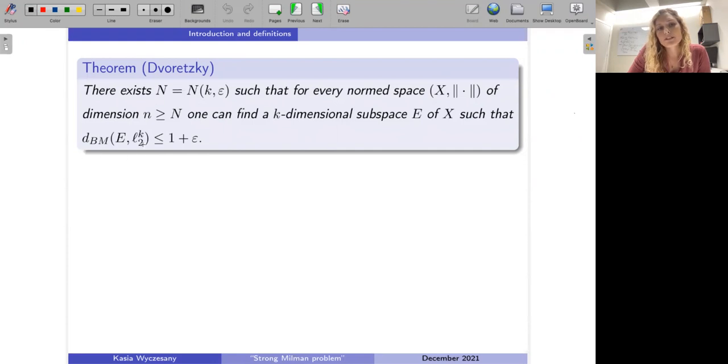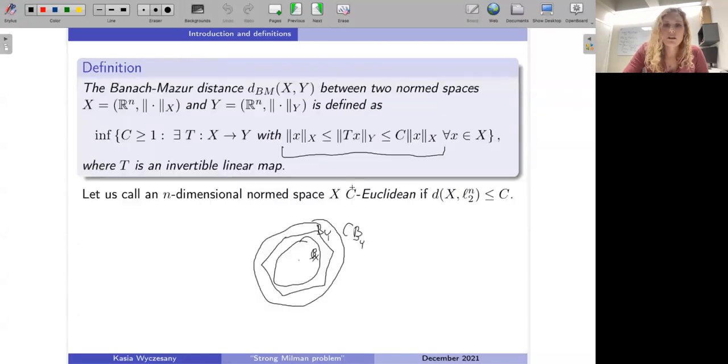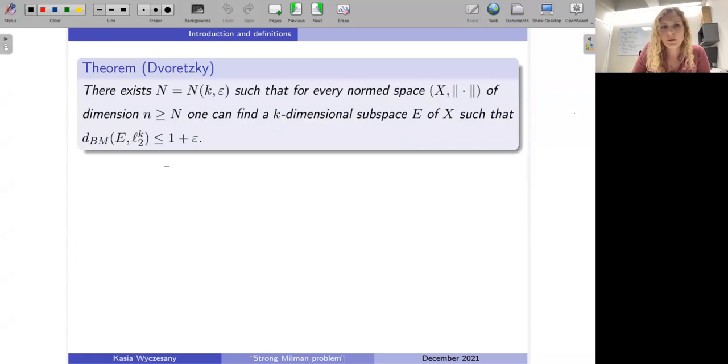Its Banach-Mazur distance from L2 is at most 1 plus epsilon. So I want to draw your attention to the Banach-Mazur distance here: T, as on the previous slide, is a linear map. So in particular, this means that we can surround the ball of the subspace E by two ellipsoids, one multiplied by 1 plus epsilon.